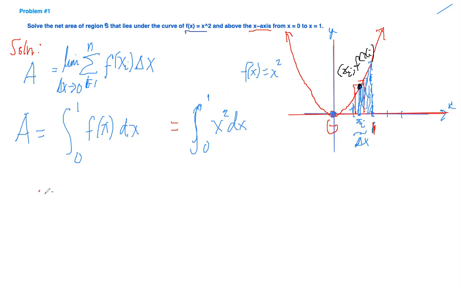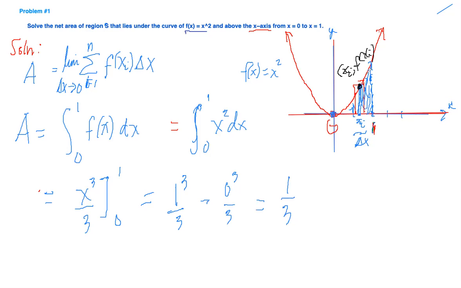The first thing we need to do is to integrate x squared. That's x cubed over 3, evaluated from 0 to 1. By definition of the integral, using the fundamental theorem of calculus part 2, this is equivalent to 1 cubed over 3 minus 0 cubed over 3, which is equal to 1 over 3.